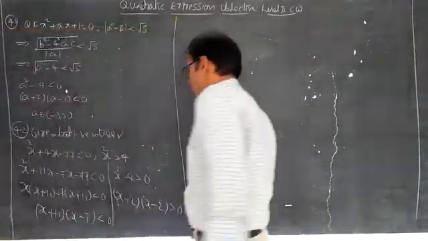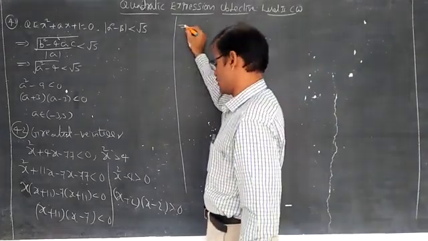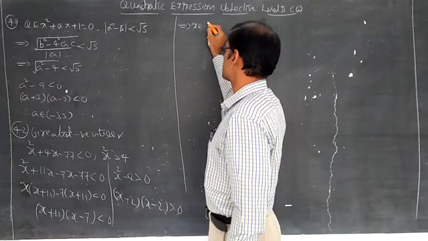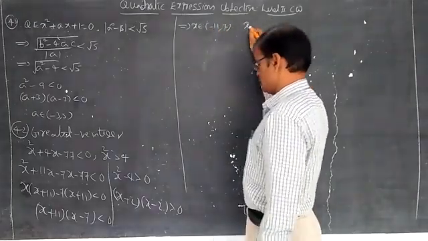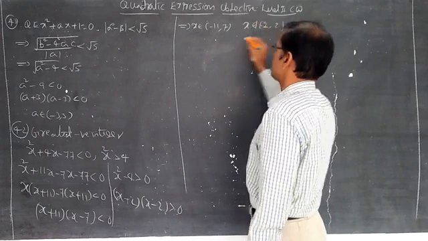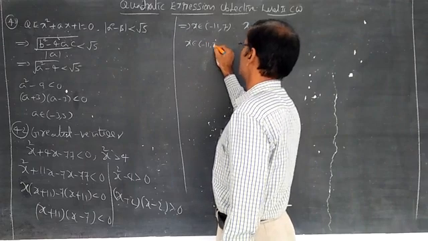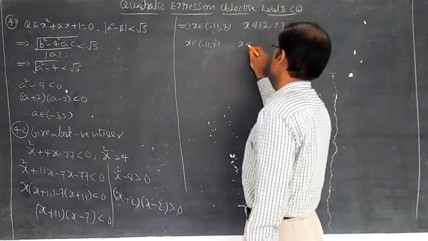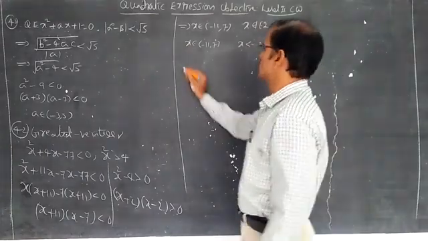Depending upon these two, x belongs to minus 11 comma 7 and x does not belong to the closed interval minus 2 comma 2. Here x is less than minus 2 or x is greater than 2.